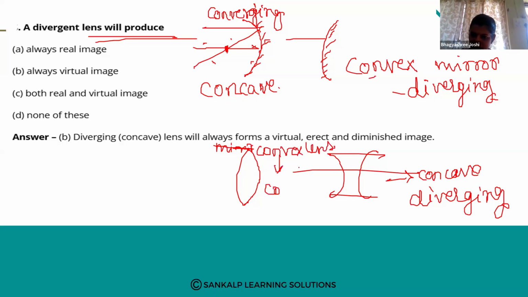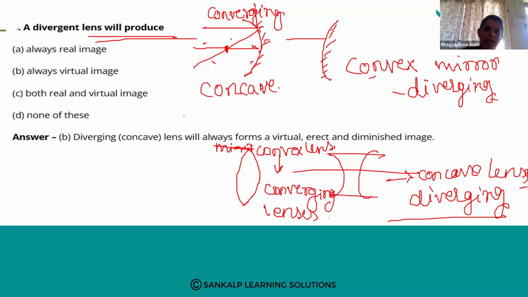Here it is diverging, but here it is converging. Exactly opposite. Okay, remember. So diverging lenses will always form a virtual, erect and diminished image. So option B is right.